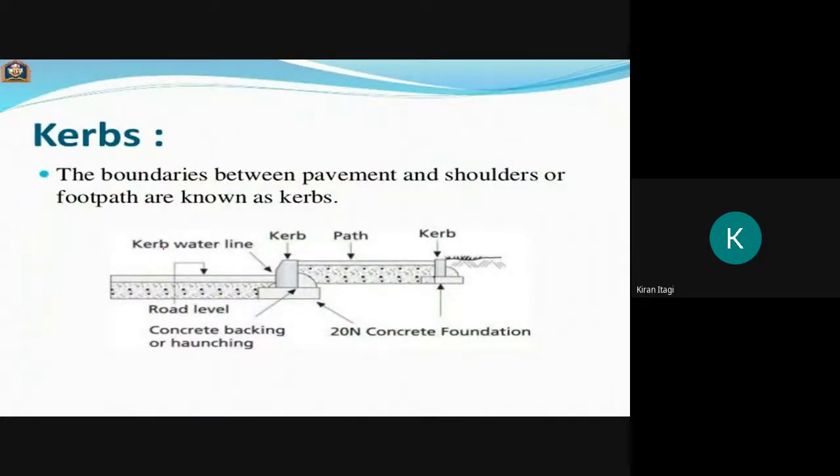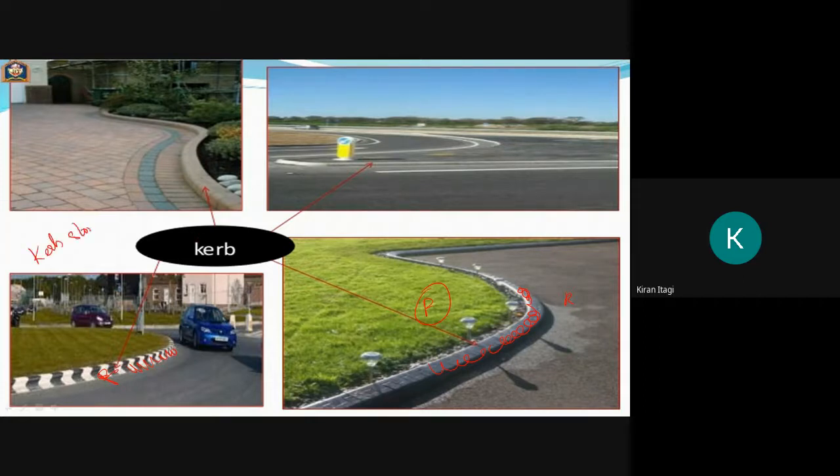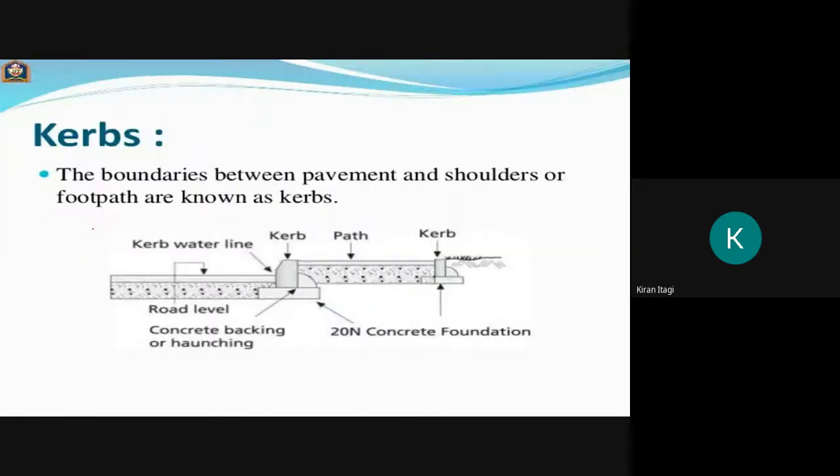And what do you mean by curbs? I will show you the picture. Here we can see these things. These are nothing but the curbs, which divide the roadway and the footpath. Actually we call them curbstones. The boundary between the pavement and the shoulders or footpath.